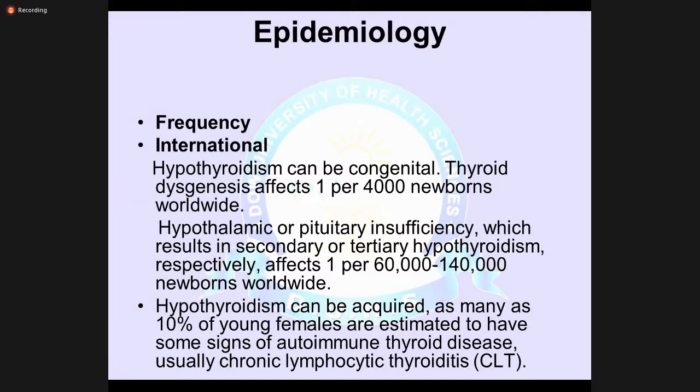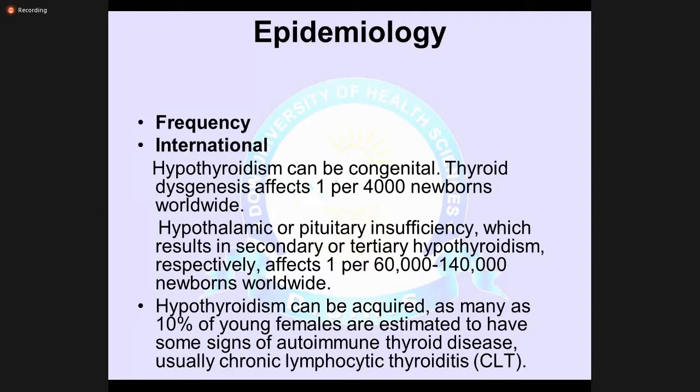If the thyroid gland is okay, but the problem lies with the anterior pituitary, then you say it is secondary hypothyroidism. But for example, the thyroid gland is perfectly all right and anterior pituitary is also okay, and the hypothalamus is not producing thyrotropin releasing hormone from that place, then you say it is tertiary hypothyroidism.